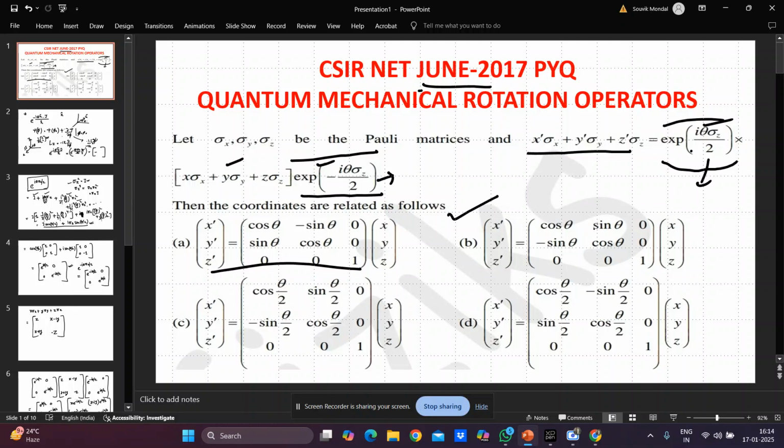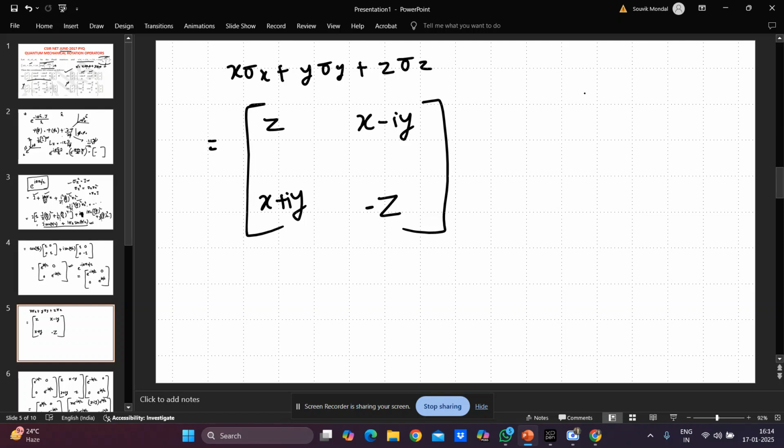So x prime is cos theta x plus sin theta y. We already found that x prime is equal to x cos theta plus y sin theta. Now look at the options. This one has theta by 2, so directly eliminate it. Now you have to decide between these two, and we already found that this sign should be plus. How is your rotation?